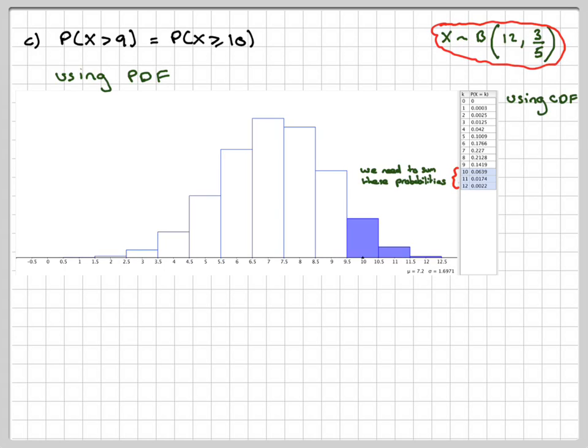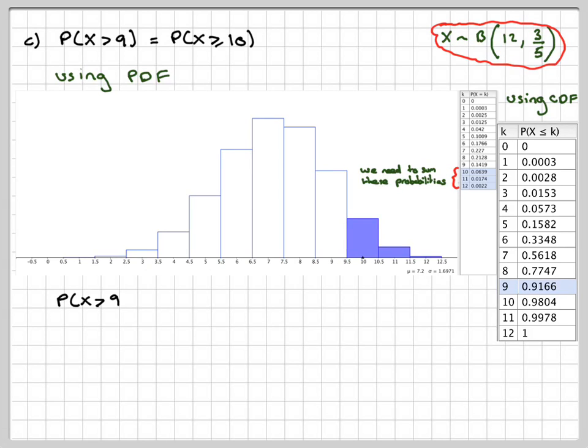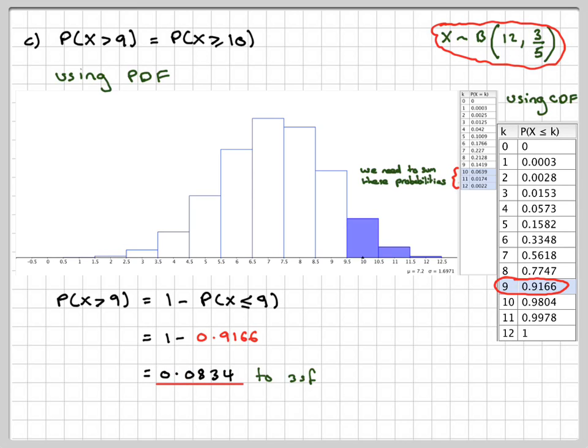Using the CDF, the probability that x is greater than 9 is going to be 1 minus the probability that x is less than or equal to 9. So that's all of that area, 1 minus all of the area which has not been shaded. From the tables, you need to do 1 minus this value here, and it'll give you 0.0834 to 3 significant figures.